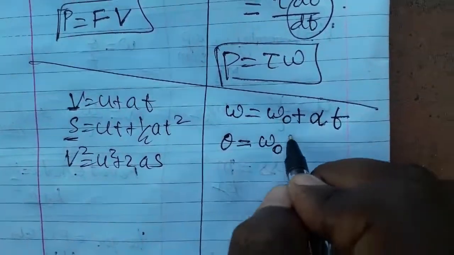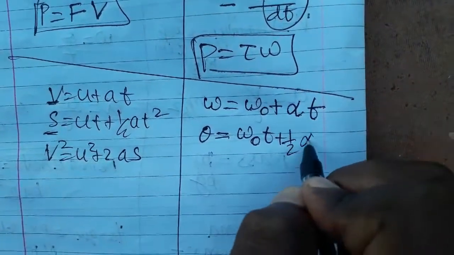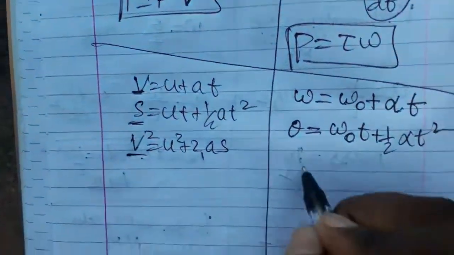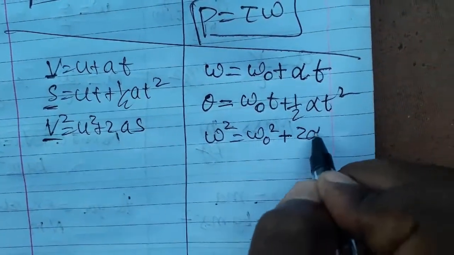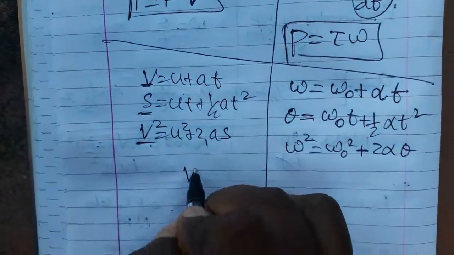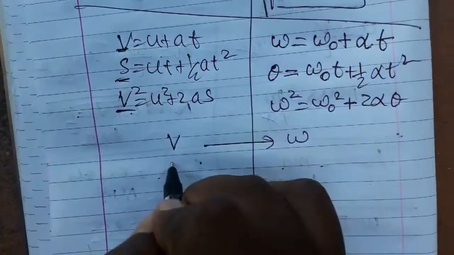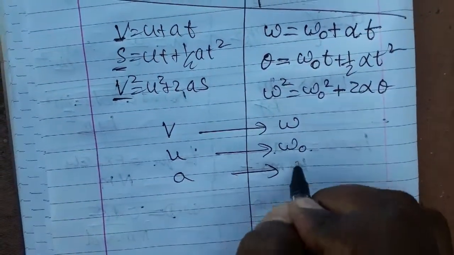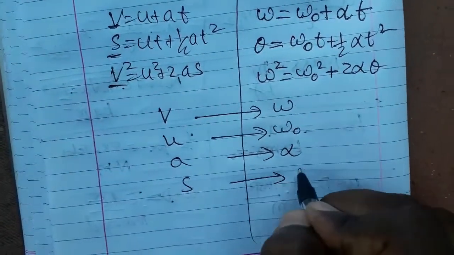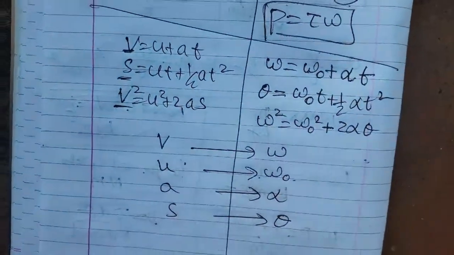So omega is equal to omega naught plus alpha t, theta is equal to omega naught t plus half alpha t square, and omega square is equal to omega naught square plus 2 alpha theta, because v is omega, u is omega naught, a is alpha, and s is theta.